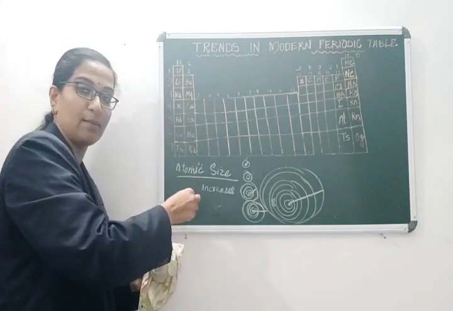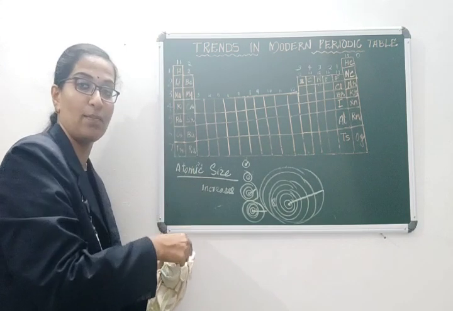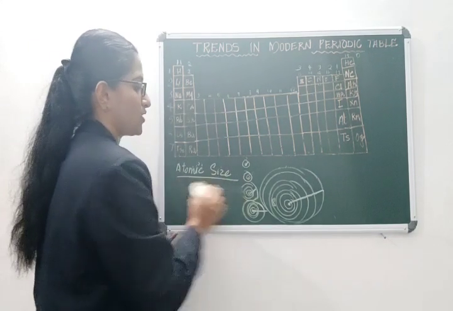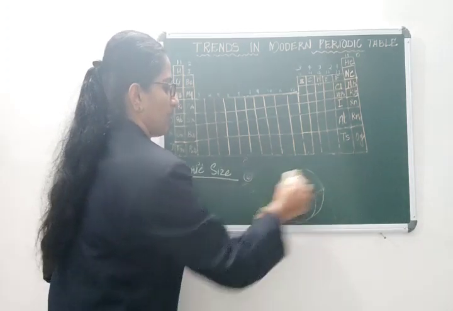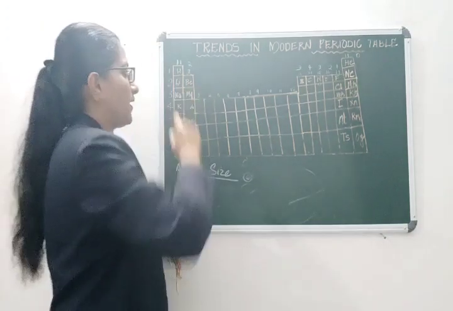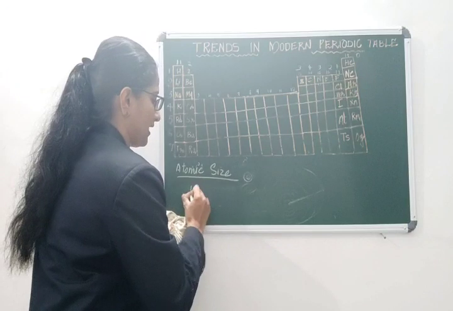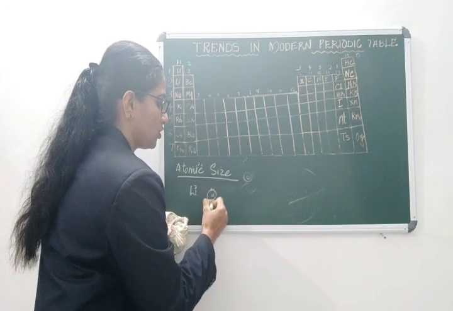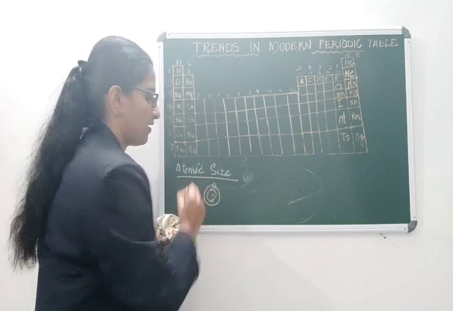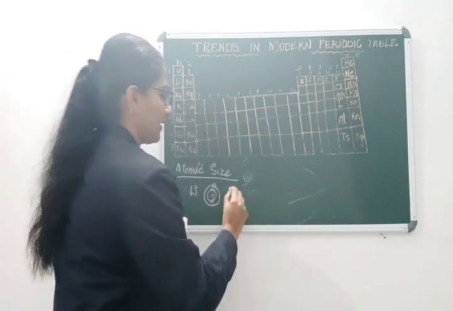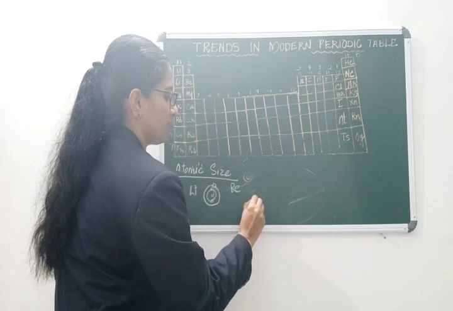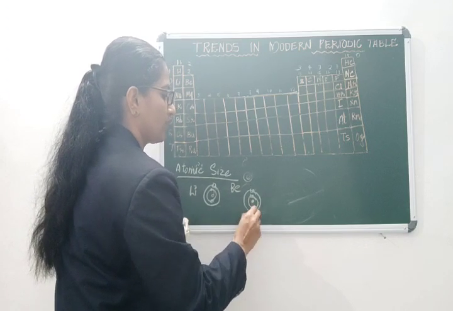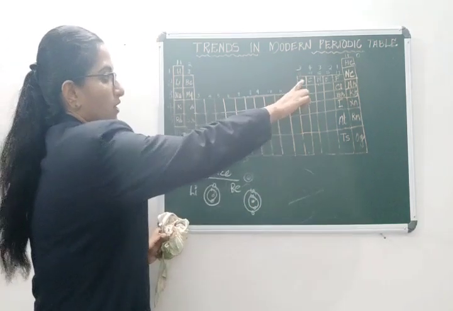Okay, so what happens period wise? In a group, the number of shells is more, hence the larger atomic size. But what happens to atomic size period wise? If you take the second period, the first element is lithium: first shell 2, second shell 1. Beryllium: first shell with 2 electrons, second shell with 2 electrons.